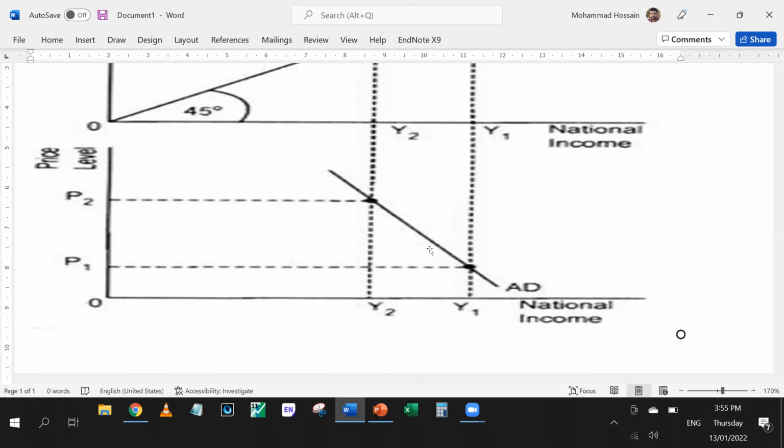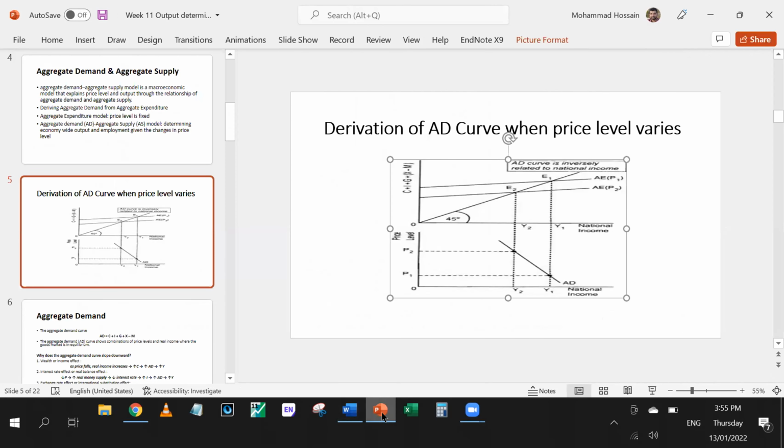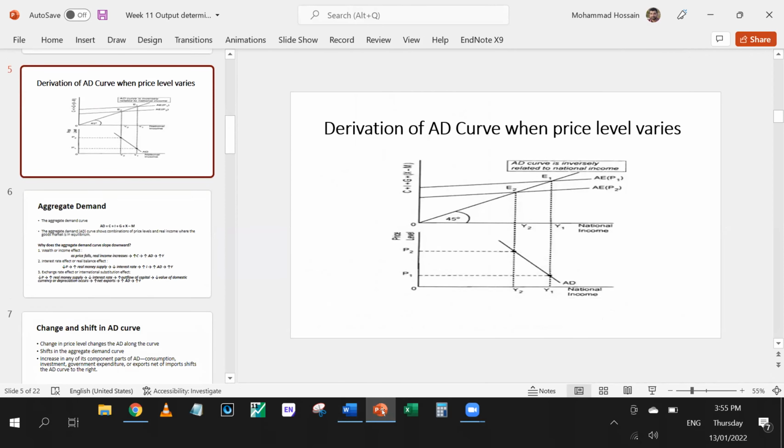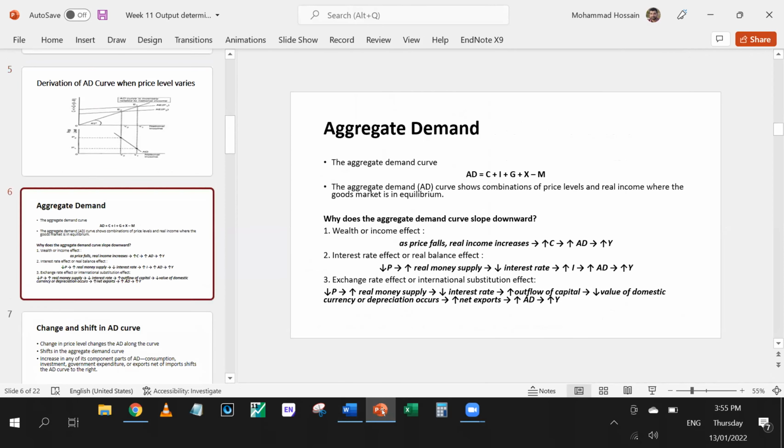And that's the meaning here. Here we'll discuss how the relationship works.